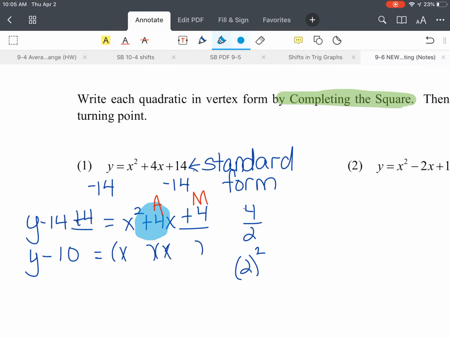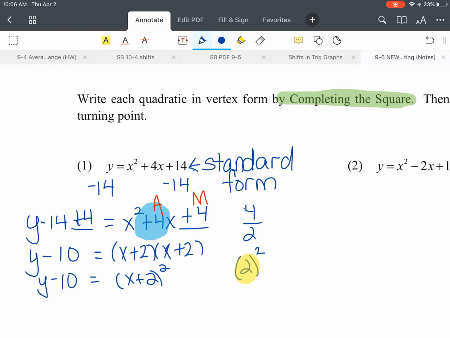And in fact, it's always going to be half of that b value, half of that number in front of the x. So we got 2. So it's going to be x plus 2, x plus 2. Okay, so we can write that as x plus 2 squared.